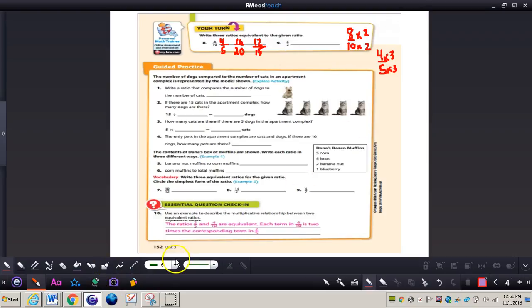All right, let's take a look at number 9 together. So we have 5 to 2 for my ratio. So what I could do is I could multiply that 5 to 2, both numerator and denominator, by 2. That's going to give me 10 to 4. I can also multiply that numerator and denominator by 3.